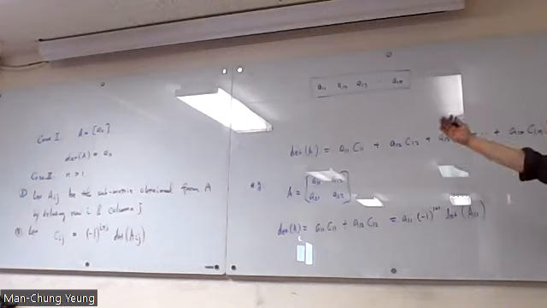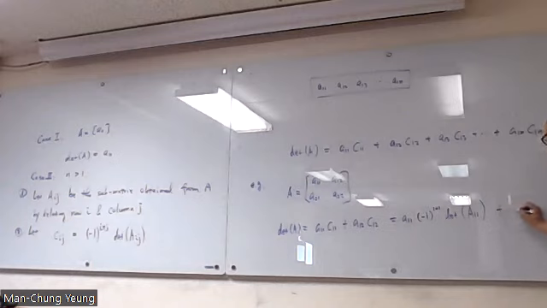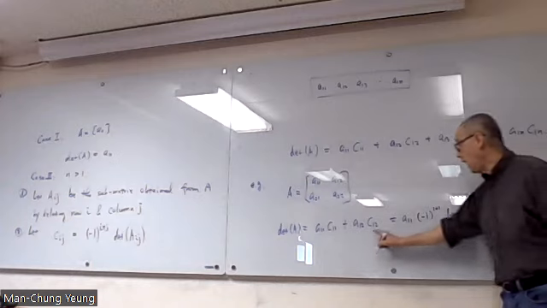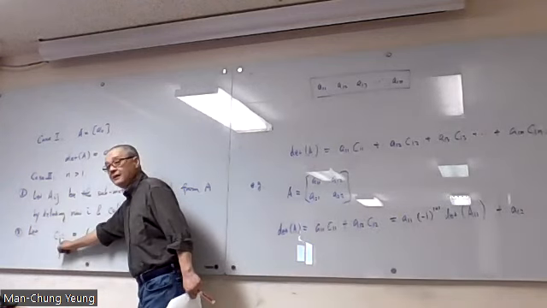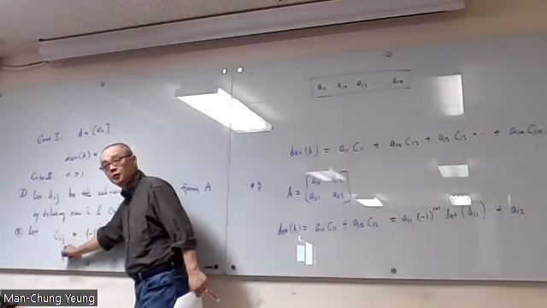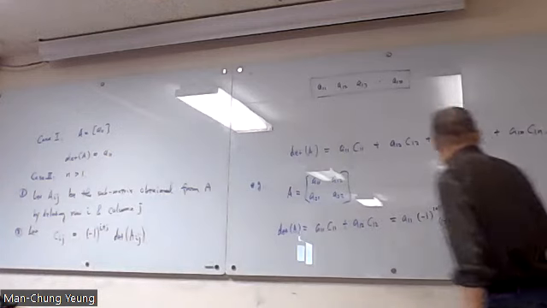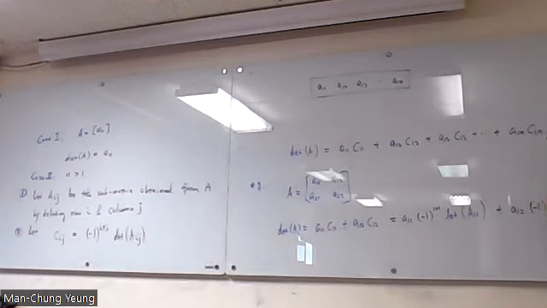Then plus A12 times C12, with I to 1 and J to 2: negative 1 to the 1 plus 2, times the determinant of capital A12.